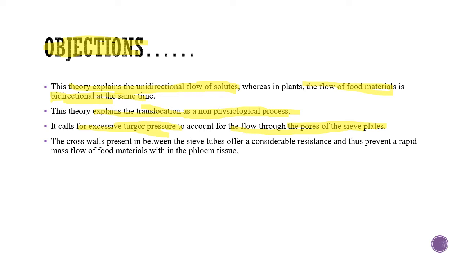But another objection to this theory is that the cross walls that are present in the sieve tubes offer a considerable amount of resistance, which in turn will prevent the rapid mass flow of food materials within the phloem tissues. So as we all know, the translocation process must be a rapid process, but these cross walls that are present in the sieve tubes offer some resistance or friction, which seems to prevent the rapid mass flow hypothesis.